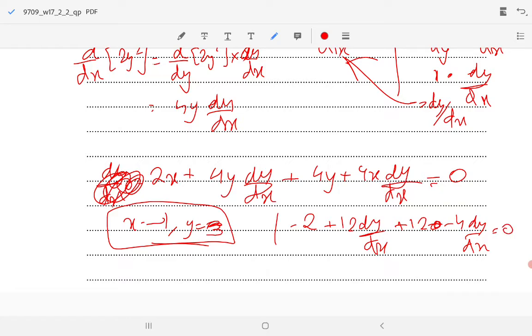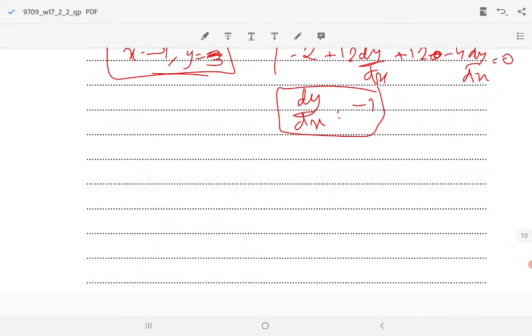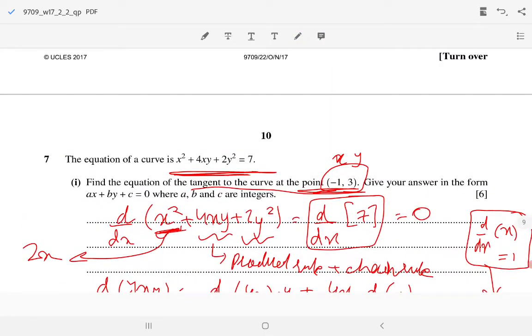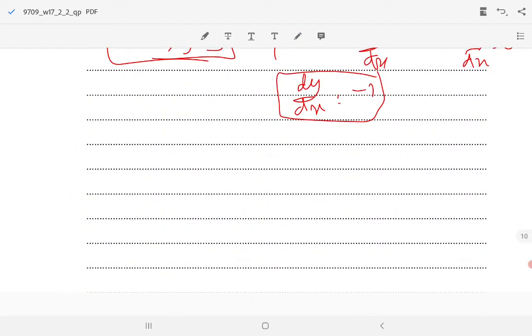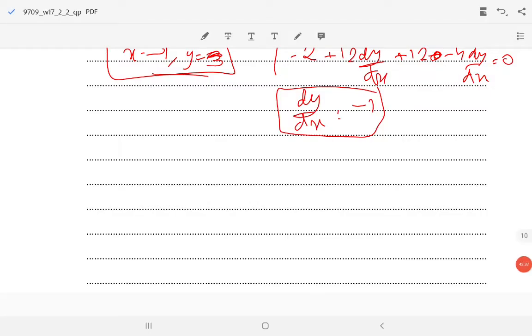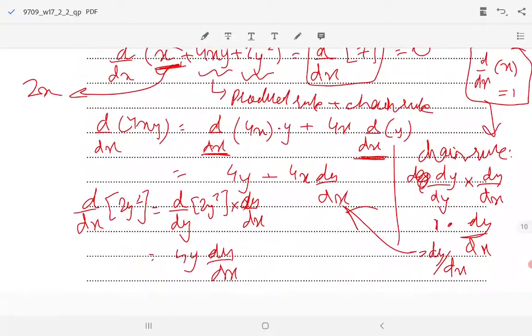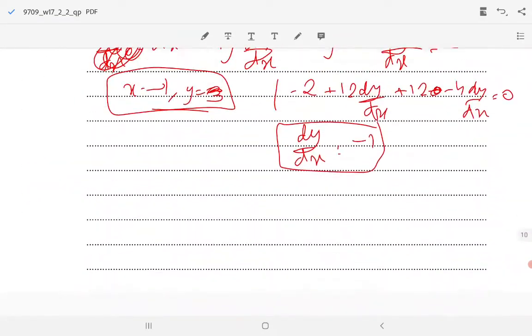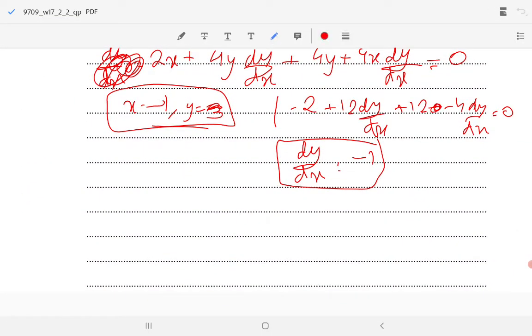If you simplify, you'll get dy by dx is equal to -1. So now we have the gradient and the coordinates. We simply have to find the equation of the line using y minus y1 equals m times x minus x1.